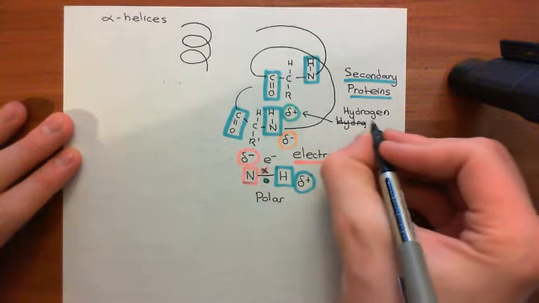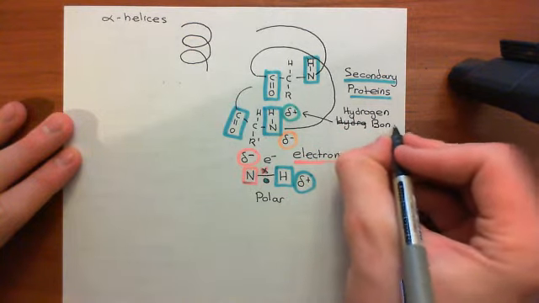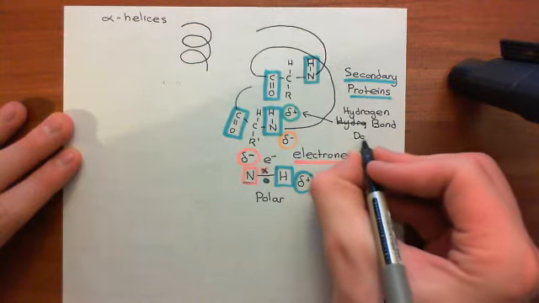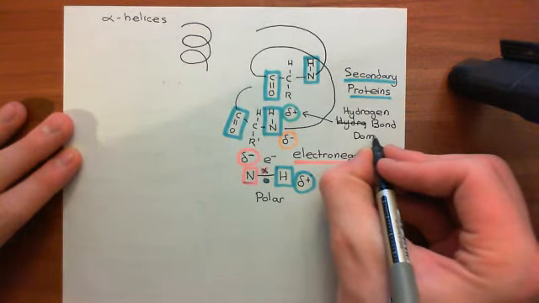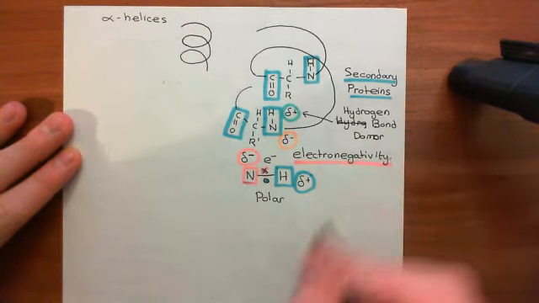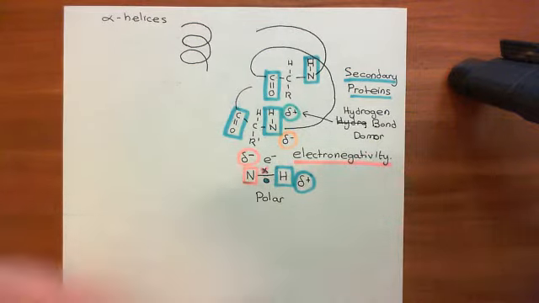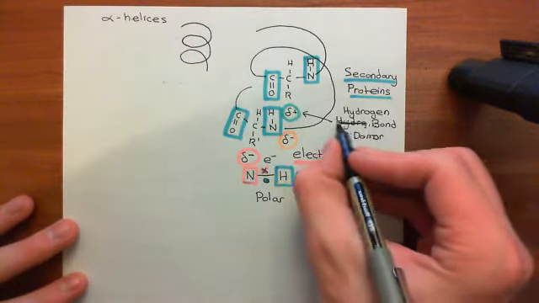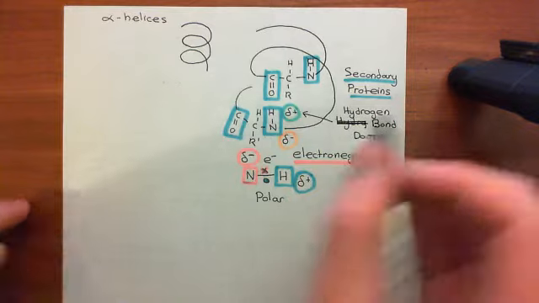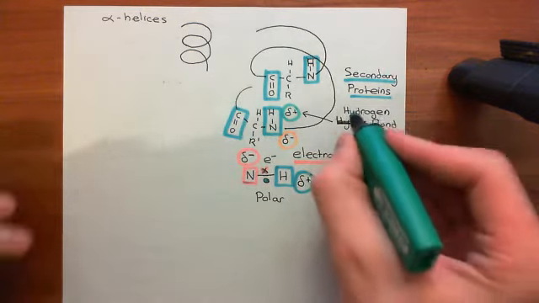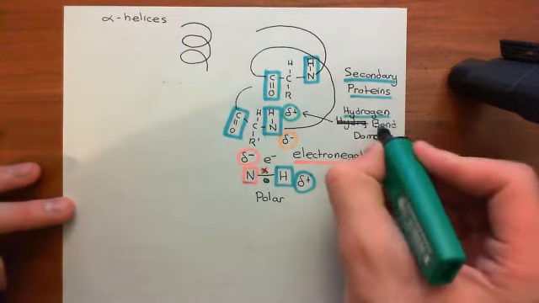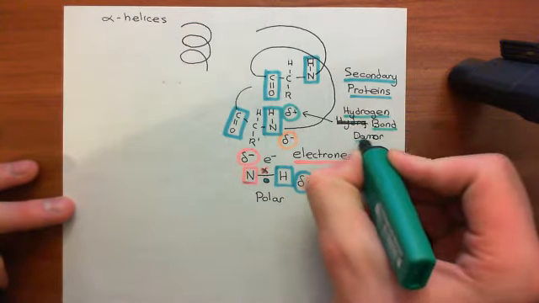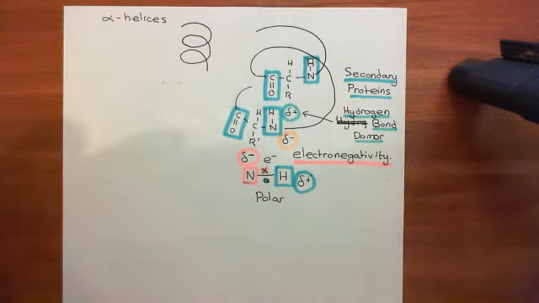Now, the other requirement to form a hydrogen bond is that you need something called a hydrogen bond acceptor. So we now want to talk about what a hydrogen bond acceptor is. Basically, there are two requirements in order to be a hydrogen bond acceptor.